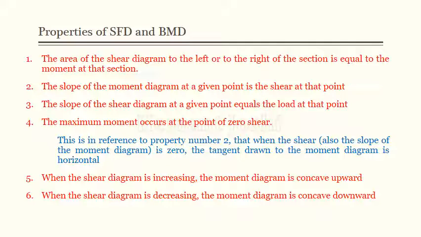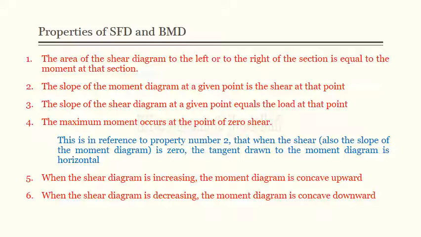So friends, we are now coming to the conclusion part. In previous sessions, we saw the fundamental relation between shear, loading and bending, and the general nature of the SFD and BMD and how to guess them. Here is the wrap up of the properties of SFD and BMD that we already discussed: the area of the shear force diagram either left or right of the section is nothing but bending moment, and the slope of the bending moment diagram gives me shear force at that point, and the slope of the shear force diagram gives me loading at that point.